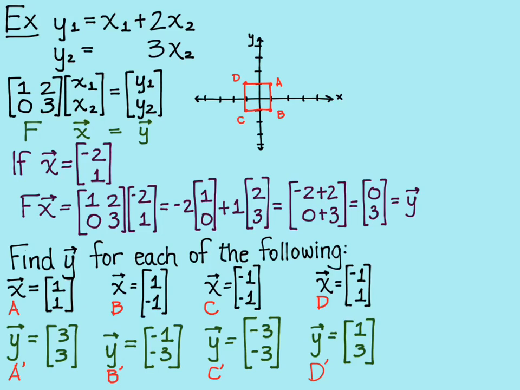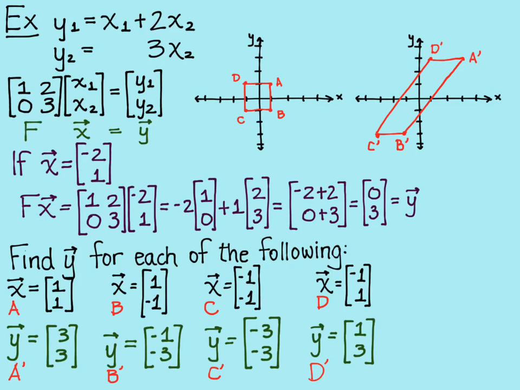Now I'm going to graph the points A prime, B prime, C prime, and D prime. So on the same set of axes, A prime we saw was at the point (3, 3). B prime is at the point (-1, -3). C prime is at (-3, -3). And D prime is at (1, 3). And so again, I'm going to connect each of these with a line.